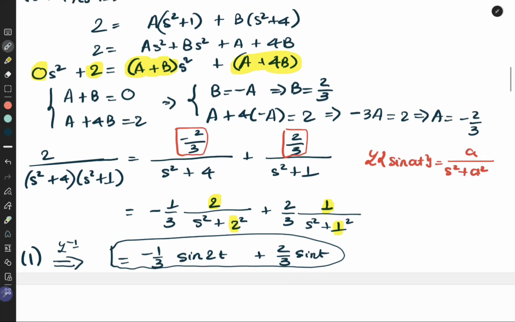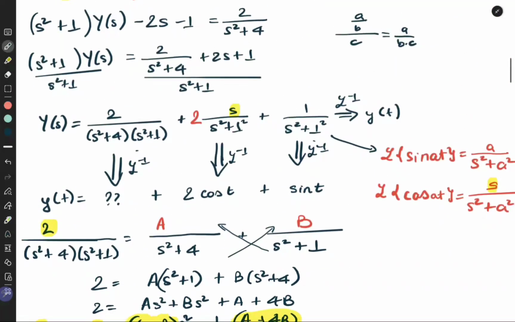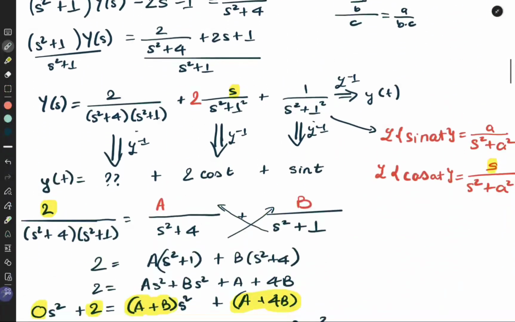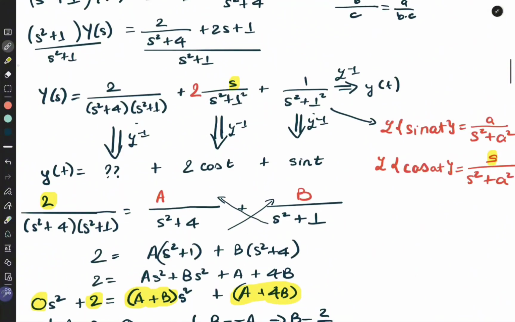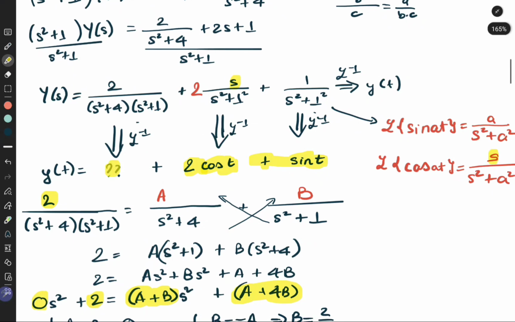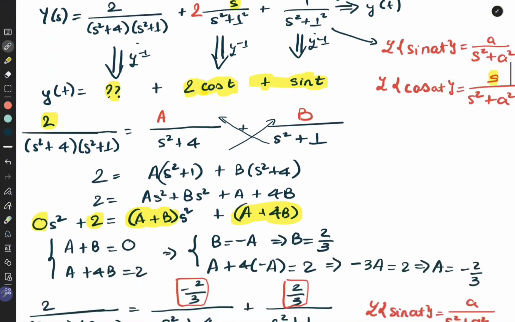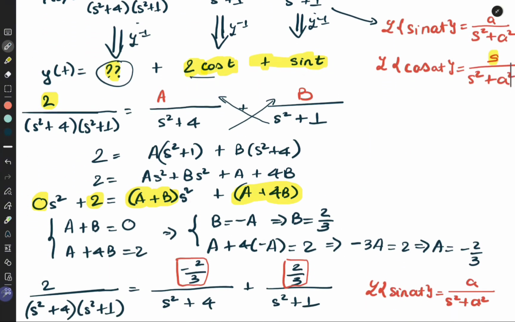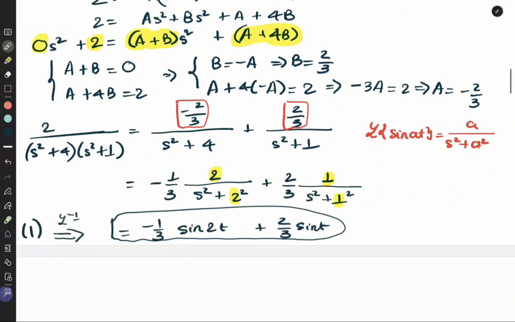The second fraction we did earlier, and the third fraction gives me this and this. So that question mark is down there. In other words, we finished, right? The final solution, y of t, now instead of writing this question mark, I have the box down there, plus 2 cosine of t plus sine of t.